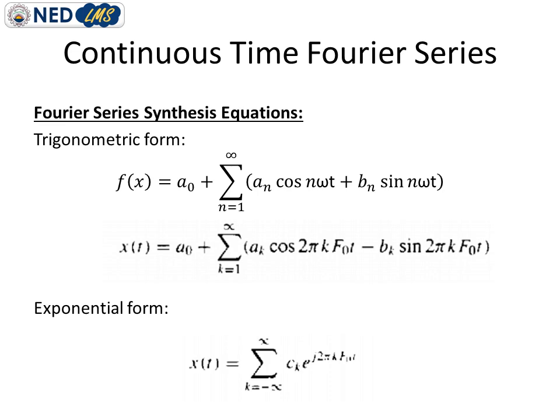So here it is an advantage of using the exponential form, that we have to compute only one variable, which is c of k. In the trigonometric form, we have to calculate a naught, an, and bn. It means we have to calculate three variables, but in the exponential form we only have to calculate c of k. So this is the complex exponential form of Fourier series.